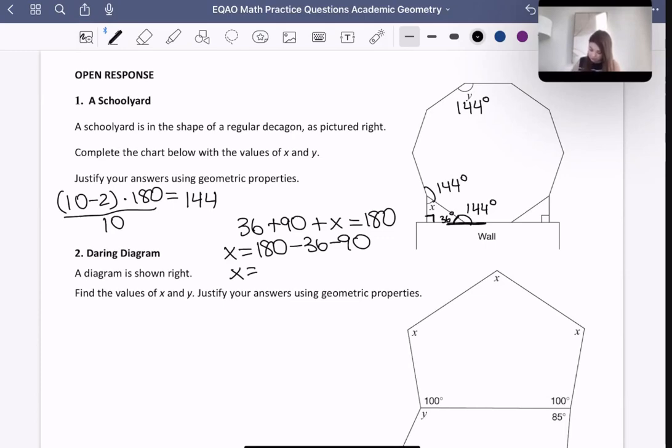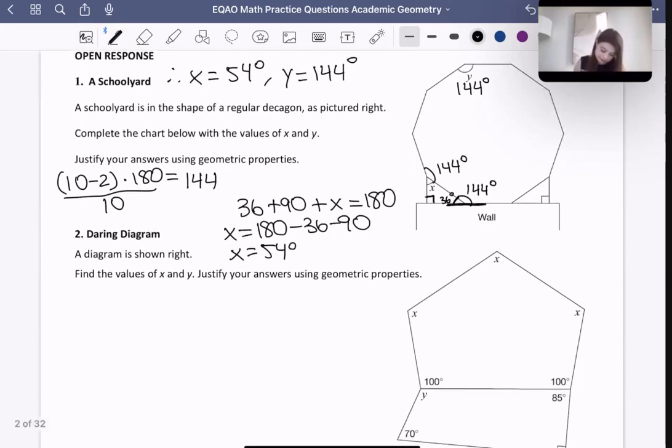So 180 minus 36 minus 90 is 54. So therefore x is 54 degrees. Awesome. So therefore, I'm just going to write a quick conclusion. X is equal to 54 degrees, and y is equal to 144 degrees. And there we go.